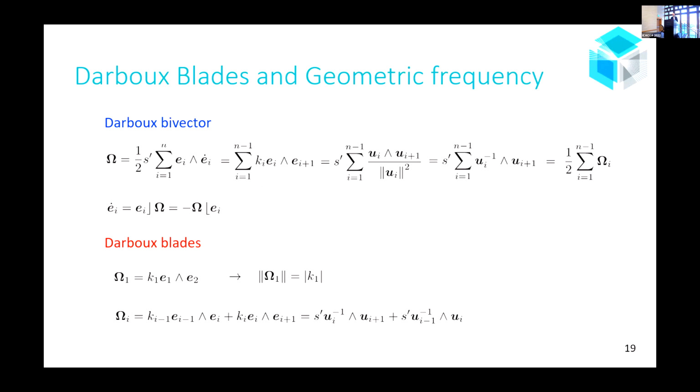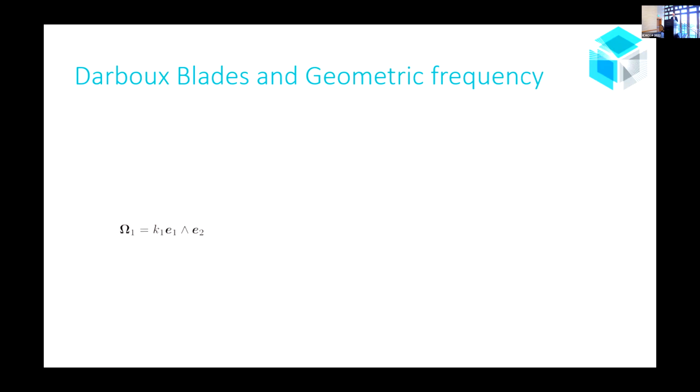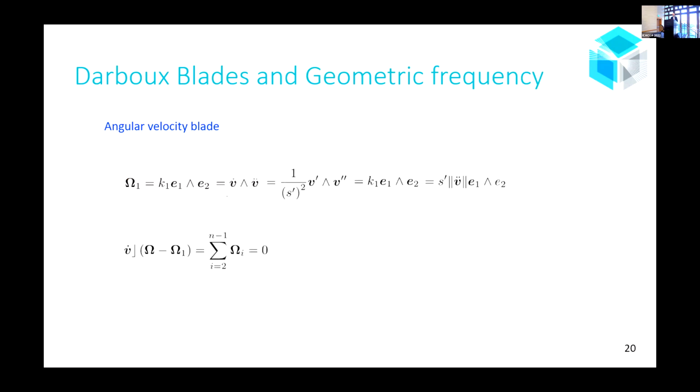We will see later that omega 1 has a relevance in our investigations. So this first omega 1 is called the grid angular velocity blade and has a special relevance, satisfying these interesting properties.